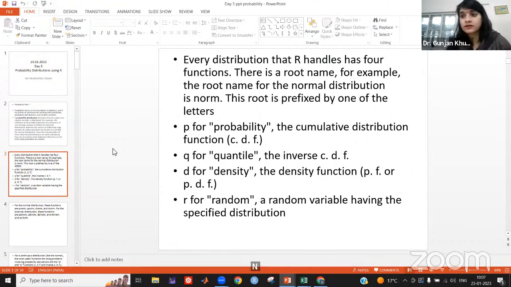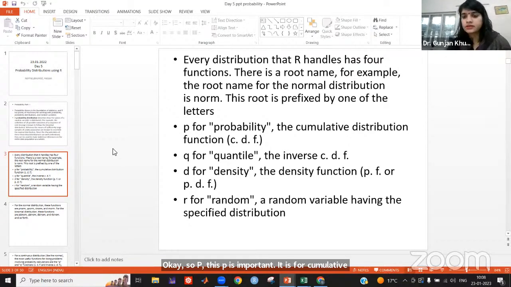If we have to calculate the cumulative distribution of the binomial distribution, we'll write pbinom. For the Poisson distribution, we'll be using ppois. So this P is important. It is for the cumulative distribution function. This is all you have to remember.